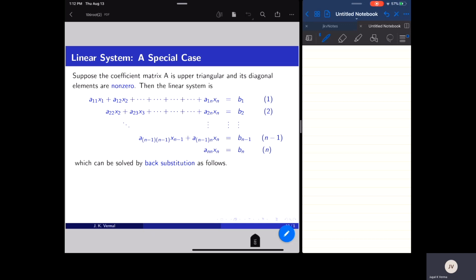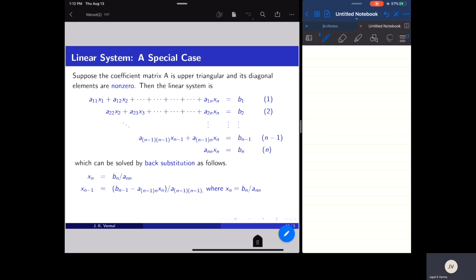And we are assuming that the coefficient matrix is upper triangular and the diagonal entries are non-zero. And therefore, we start with the last equation, a_nn xn equal to bn, and we can solve for xn. And xn is uniquely determined from the last equation. Then we go back and substitute xn in the (n minus first) equation, and that says that xn minus 1 is uniquely determined.